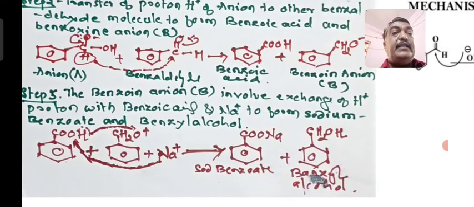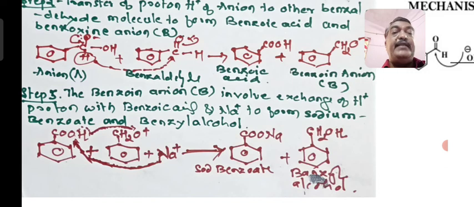This benzyl anion B now undergoes exchange of proton. So you can see C6H5COOH reacts with C6H5CH2O along with Na. So Na replaces the proton to make sodium benzoate, and the replaced hydrogen will move towards the second benzaldehyde molecule.